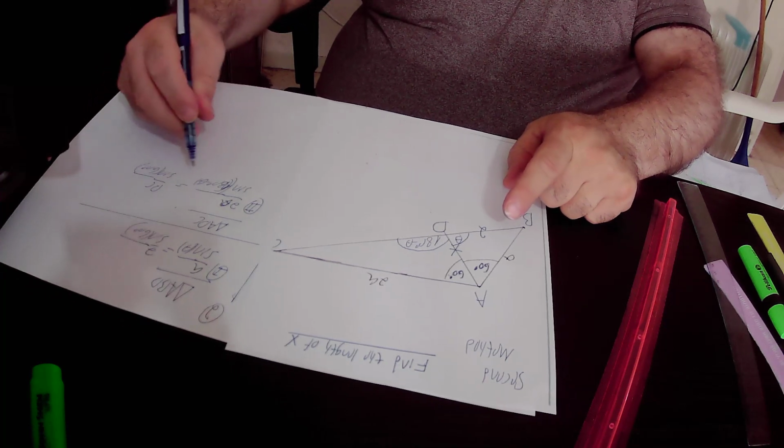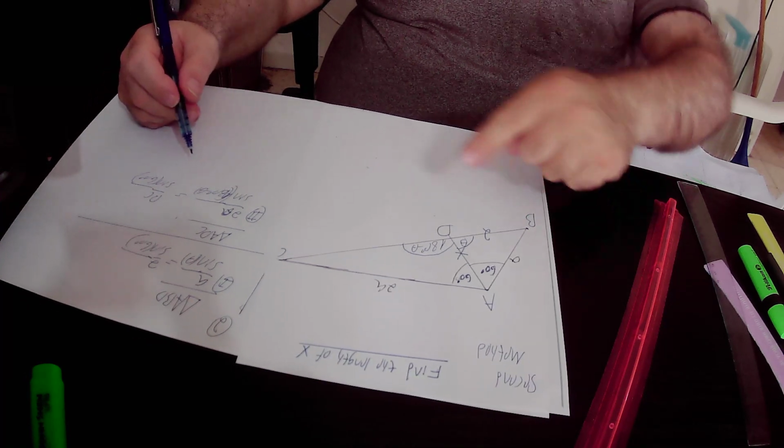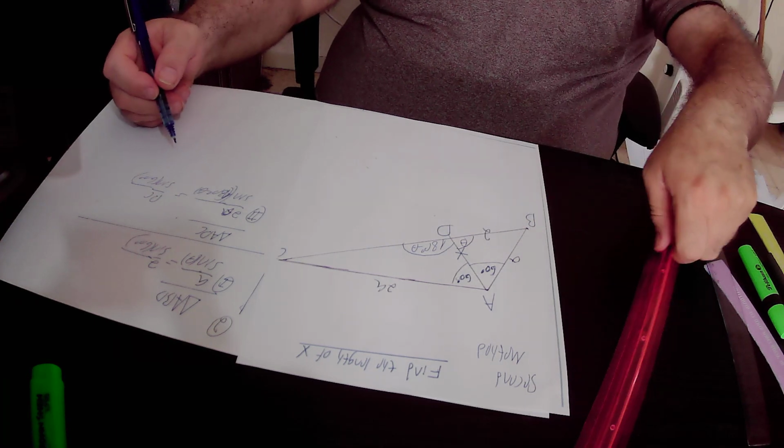Okay, 2a over sine of 180 degrees minus theta equals DC over sine 60 degrees.